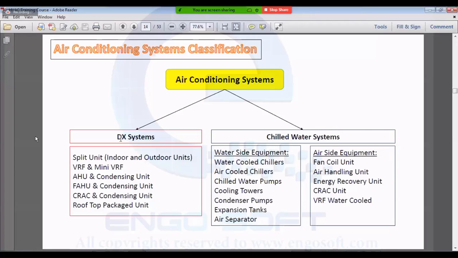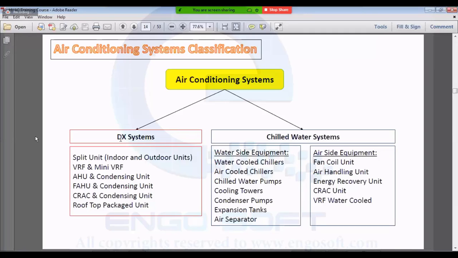Let us see what the components in the chilled water systems are. The chilled water systems consist of two types: water side equipment and air side equipment.